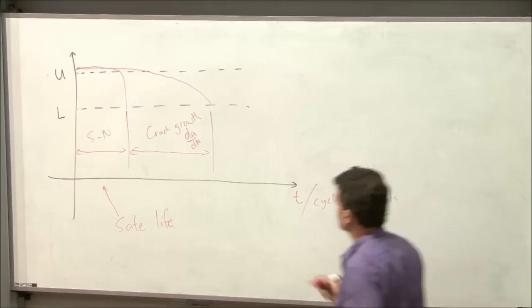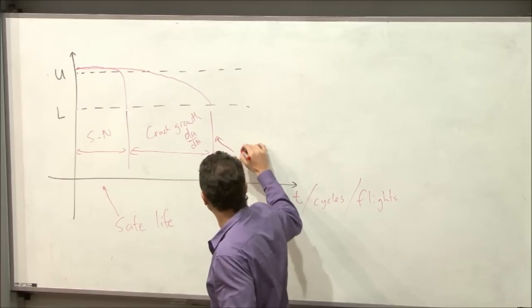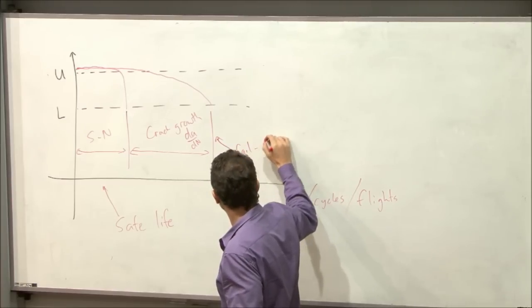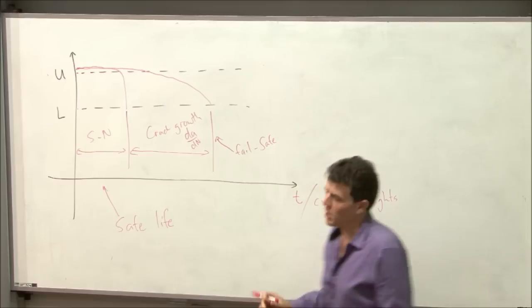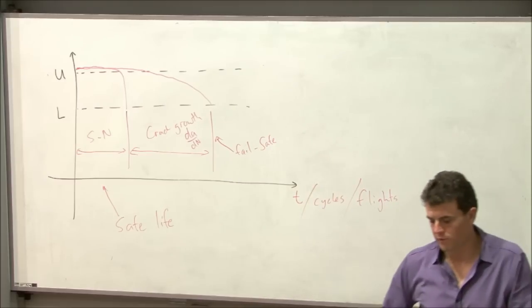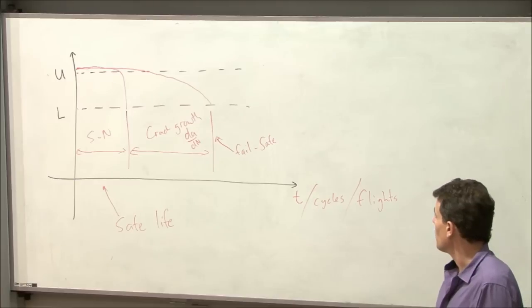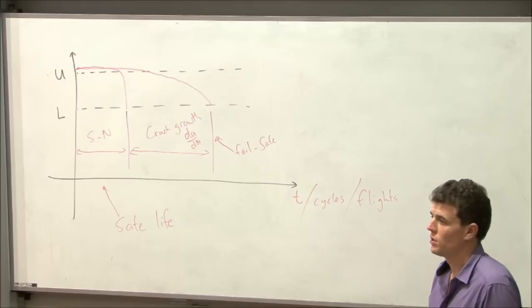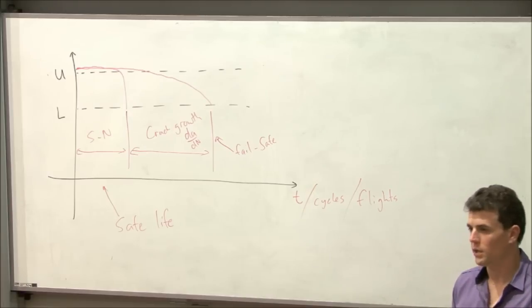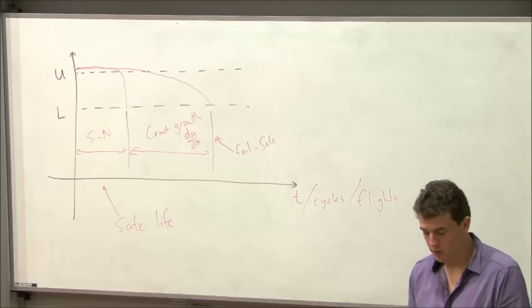And these components are called fail-safe components. There's some other criteria that they have to meet to qualify as fail-safe, but basically the primary criteria is that they need to have a long window between when cracking starts and when it will break the component into two pieces.